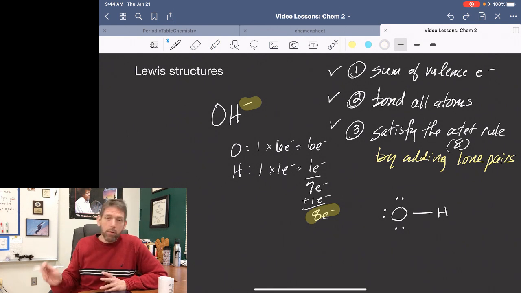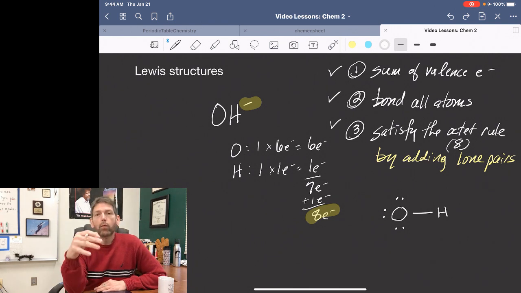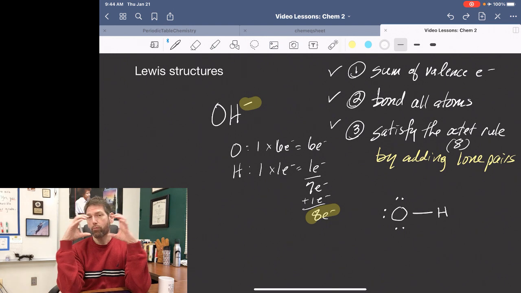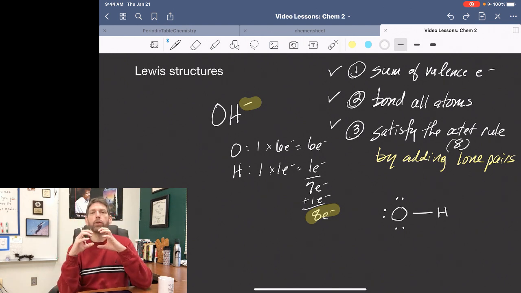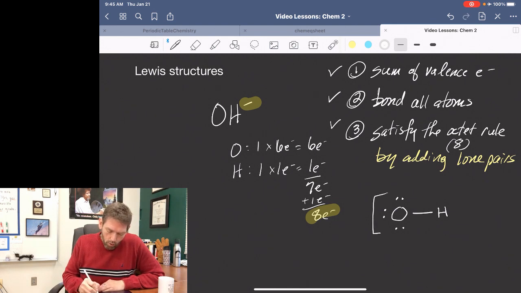When you have an ion, if you remember your earlier studies in chemistry, particularly when we did ionic bonding, we learned that when you put brackets around something in chemistry, it's our way of identifying things where there's a concentration, all right? And so right now, we have a concentration of more electrons.